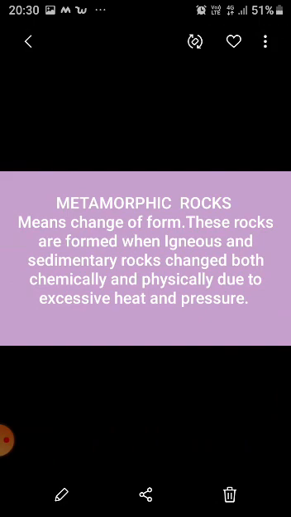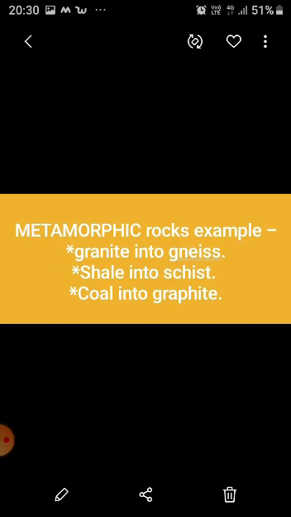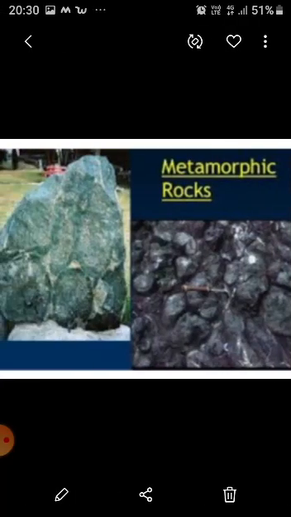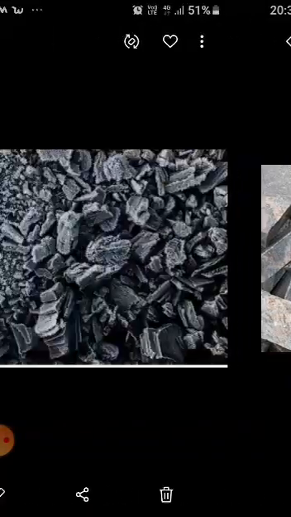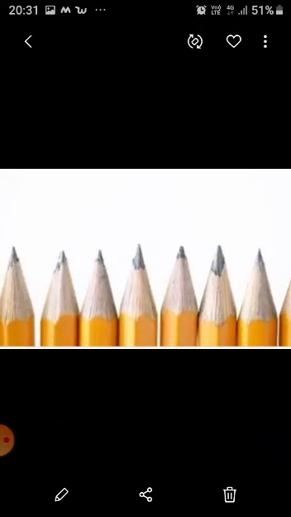These rocks are further metamorphosed, like granite is metamorphosed into gneiss, shale into schist, and coal into graphite. Graphite we use in the pencil, for writing, shading, marking, from our childhood to the office time, in our old age also. Fine.